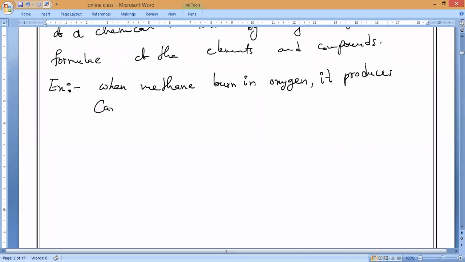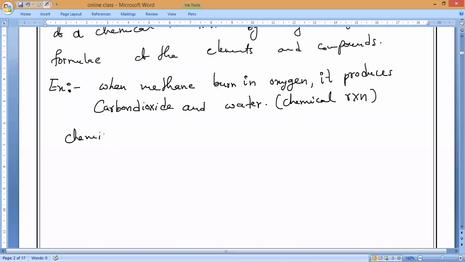Anybody? It produces carbon dioxide and water. So now this is what we call a chemical reaction. Now we have to write the chemical equation.